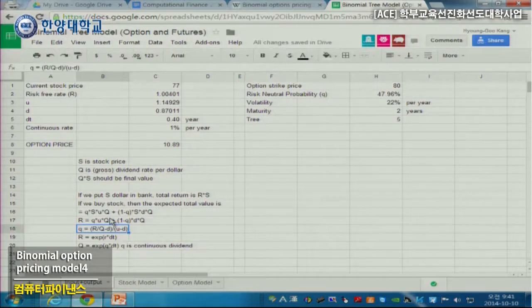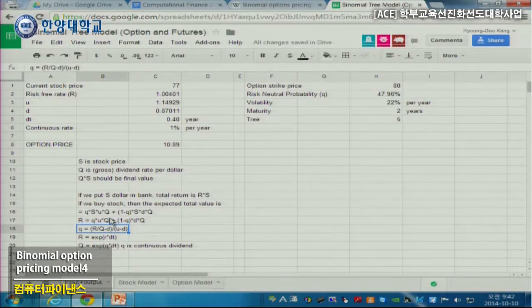If R divided by Q is greater than U, then even without dividend, the stock return generated, if it's greater than U, and if we take into account the dividend Q, that's a better story, it means the stock always has a lower return than the risk-free rate, right?